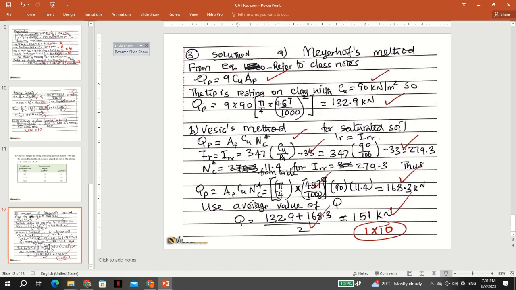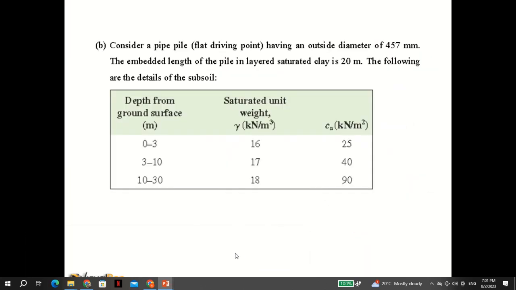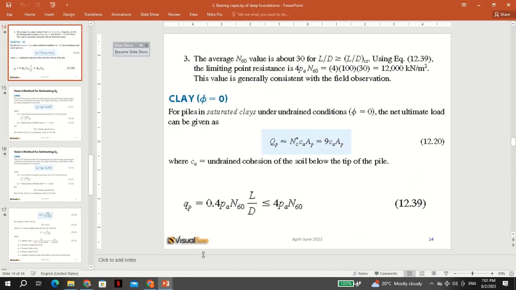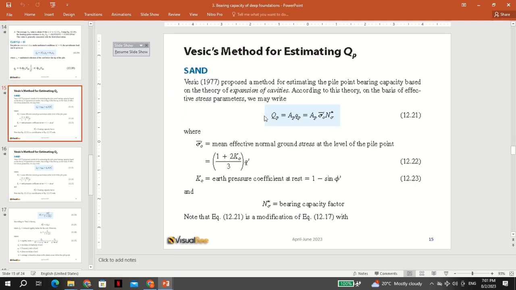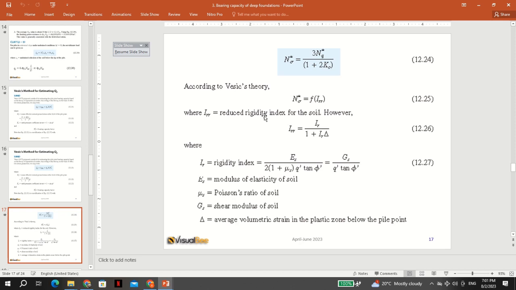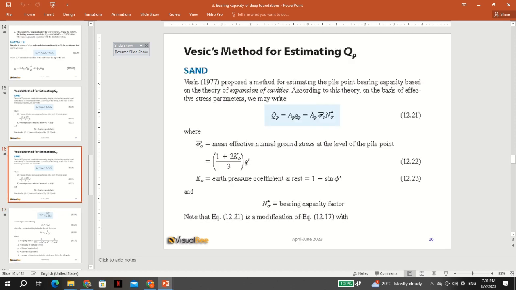Then using Vesic's method, again you need to follow a little bit from the notes. I'm showing the notes for the benefit of other readers, but of course, to understand this completely, you need some background information.